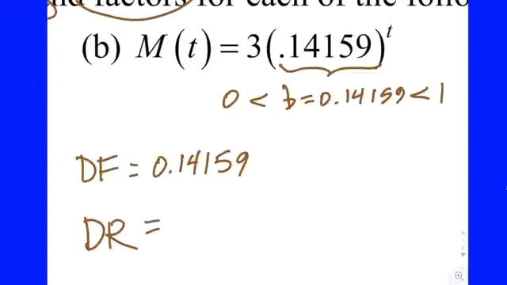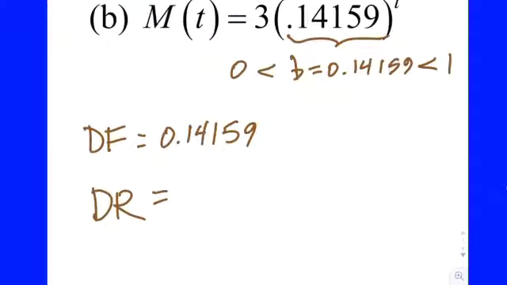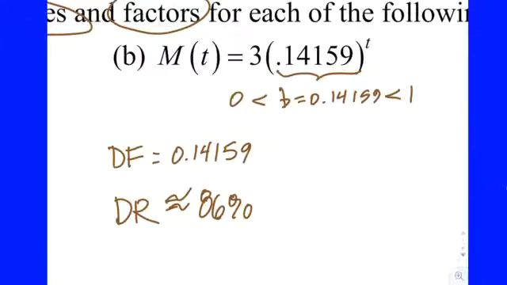And if we're only retaining about 14%, that means the decay rate, we are losing approximately what? 86. Okay? So if this were a test question, multiple choice, the decay rate should be approximately 86%. If we're only retaining 14, we're losing 86.